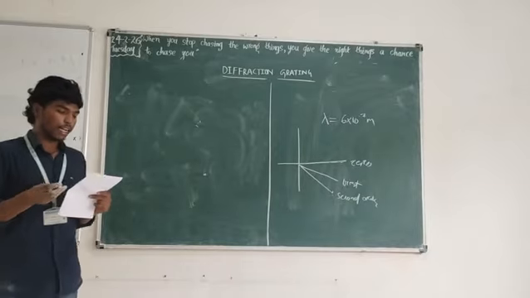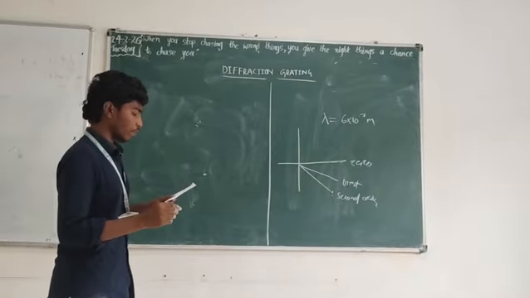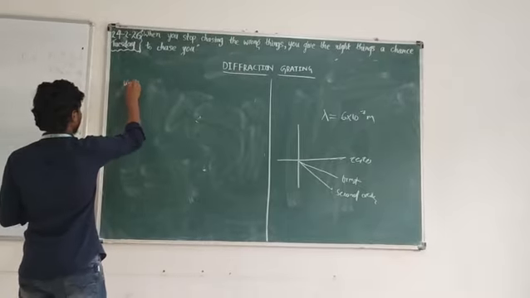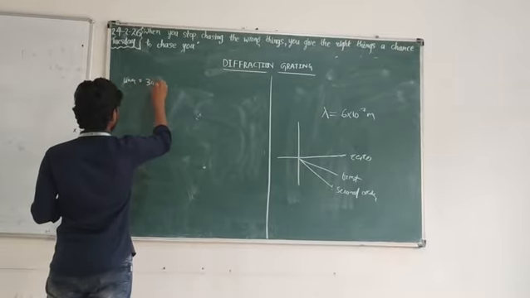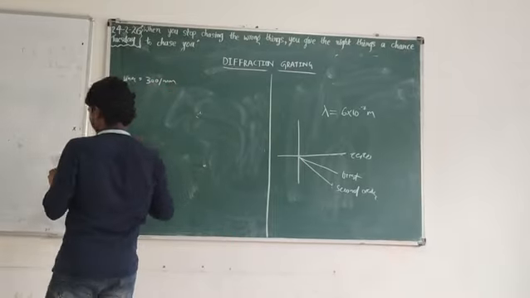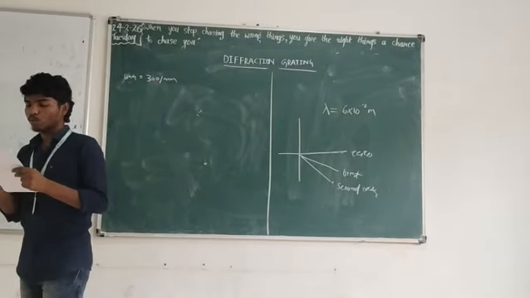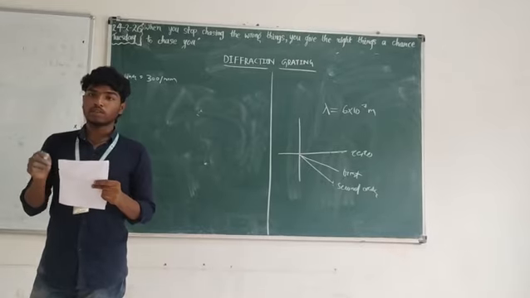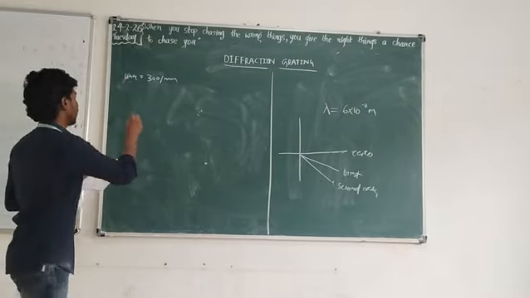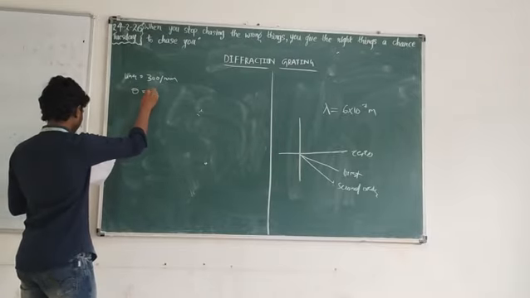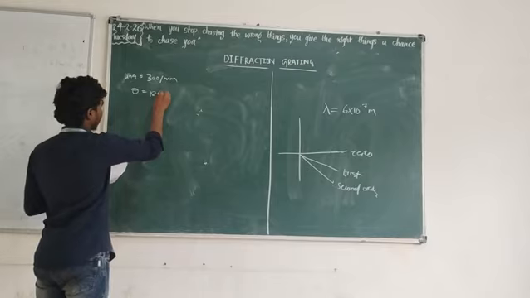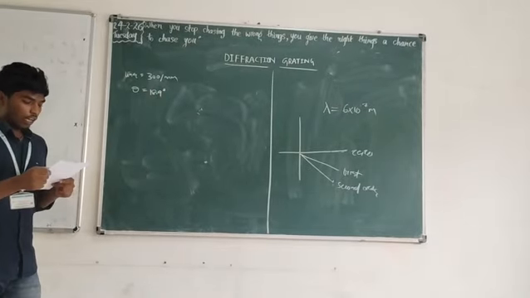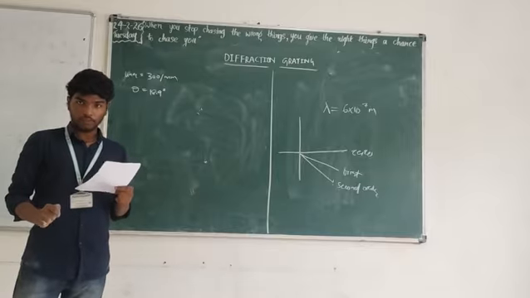Given that a grating of 300 lines per millimeter is illuminated normally, means we are given lines equals to 300 per millimeter, with a parallel beam of monochromatic light, the second order principal maximum is observed at an angle theta equals to 18.9 degree, and we are asked to calculate the wavelength.